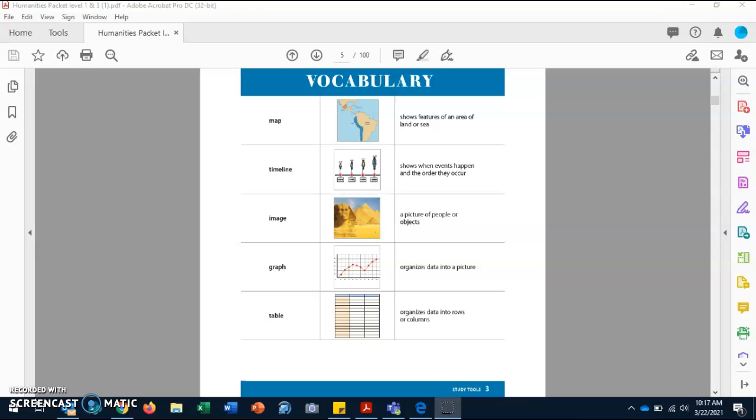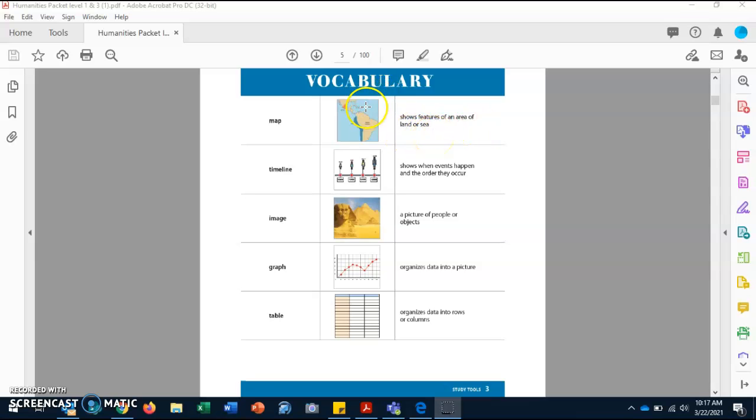And I want to know, have any of you all ever seen a map? Yes, right? We've all pretty much seen a map. And a map, boys, looks like this. And it says, shows features of an area of land or sea.